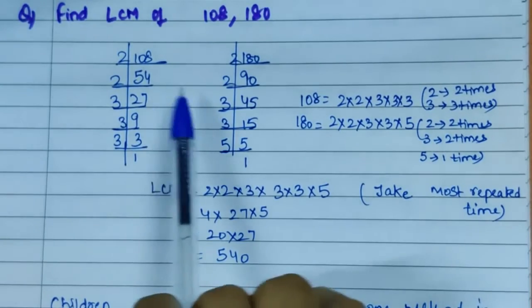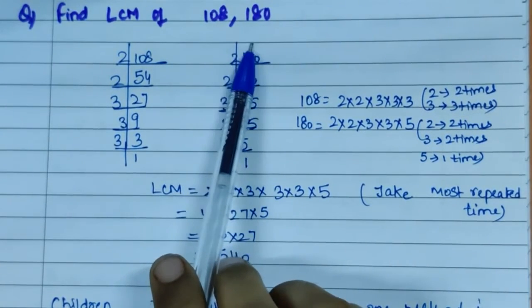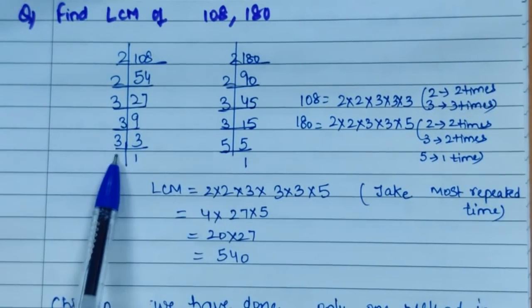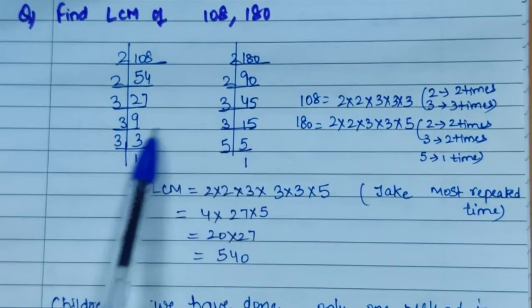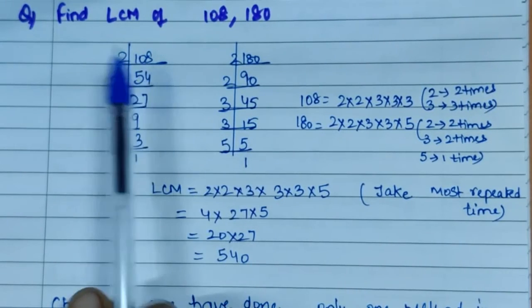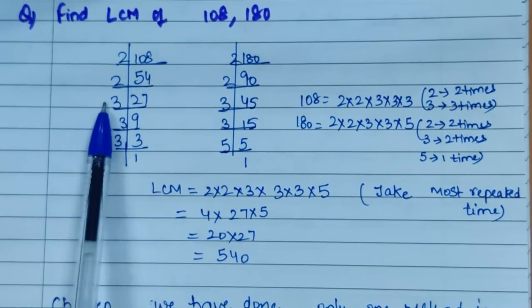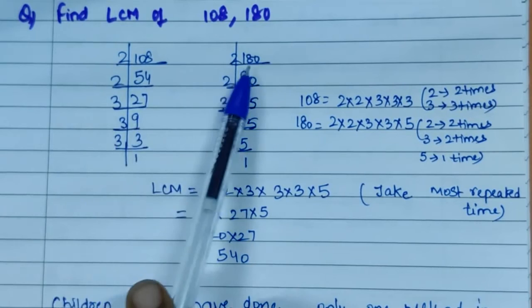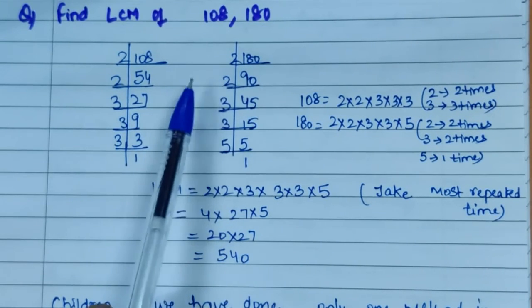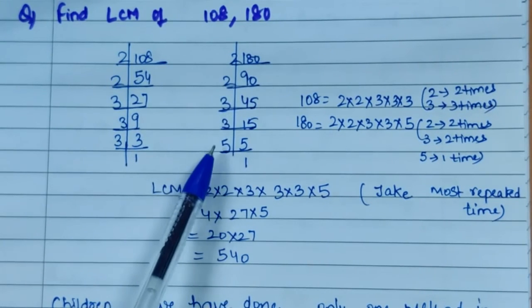Next is find the LCM of 108 and 180. First of all, find their prime factorization. Now 108 can be written as 2 into 2 into 3 into 3 into 3. 180 can be written as 2 into 2 into 3 into 3 into 5.